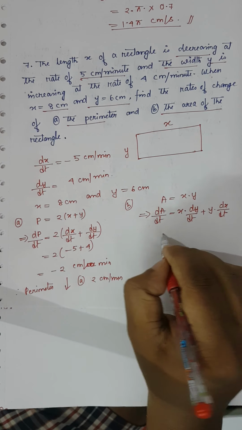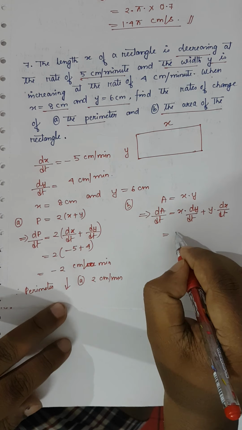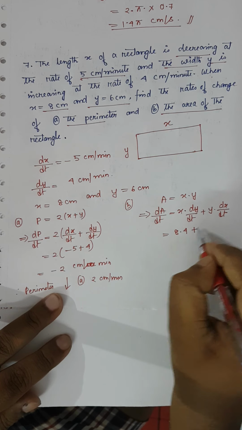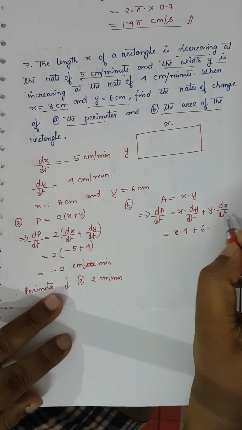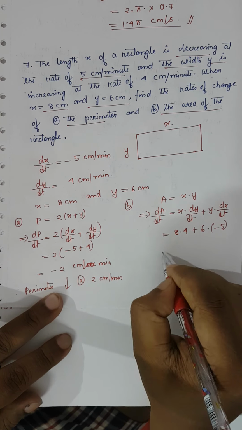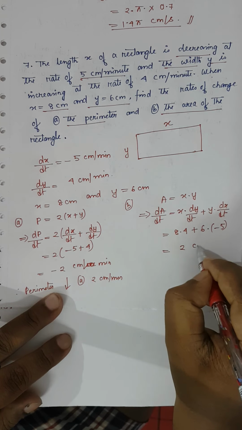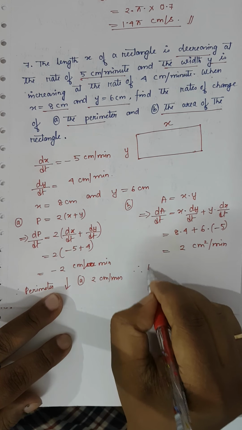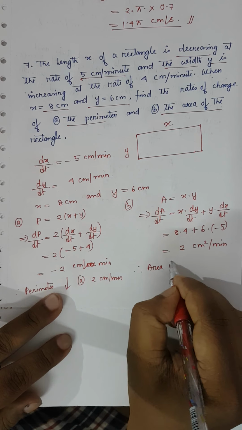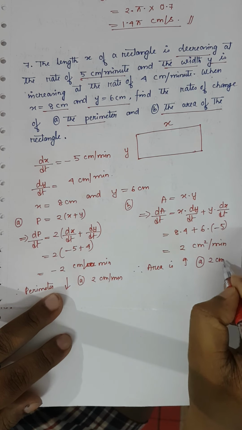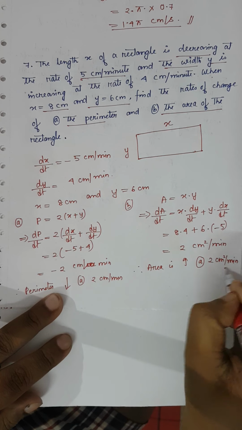Now put the values. x is equal to 8, dy by dt is equal to 4, y is equal to 6, and the value of dx by dt is equal to minus 5. After calculation, it is equal to 2 centimeter square per minute. So you can say that area is increasing at the rate of 2 centimeter square per minute.